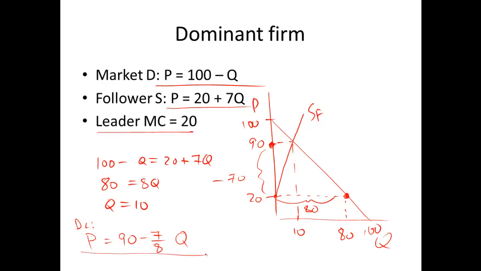Let's proceed. Usually the next step in a problem like this is to find the leader's marginal revenue curve and set it equal to his or her marginal cost to find the leader's quantity, and so let's do that.